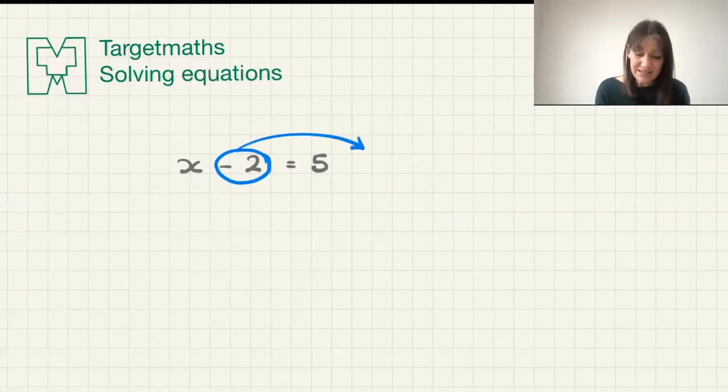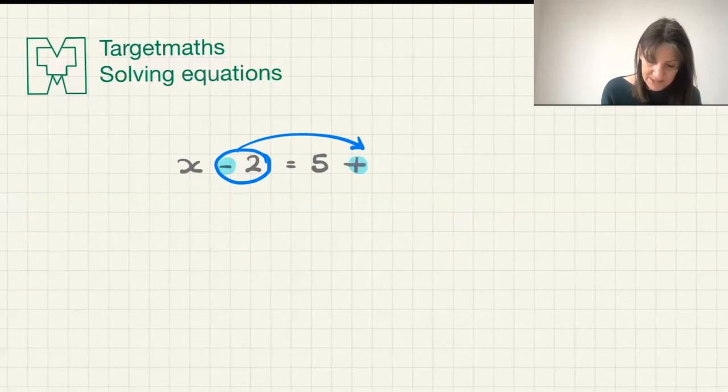As it lands, the sign, and this is absolutely crucial, sorry about that, I wanted my highlighter, the sign, this is absolutely crucial, must land as its opposite. Now, X is on its own. I've moved that, it's gone. And it equals 5 plus 2, which is 7.